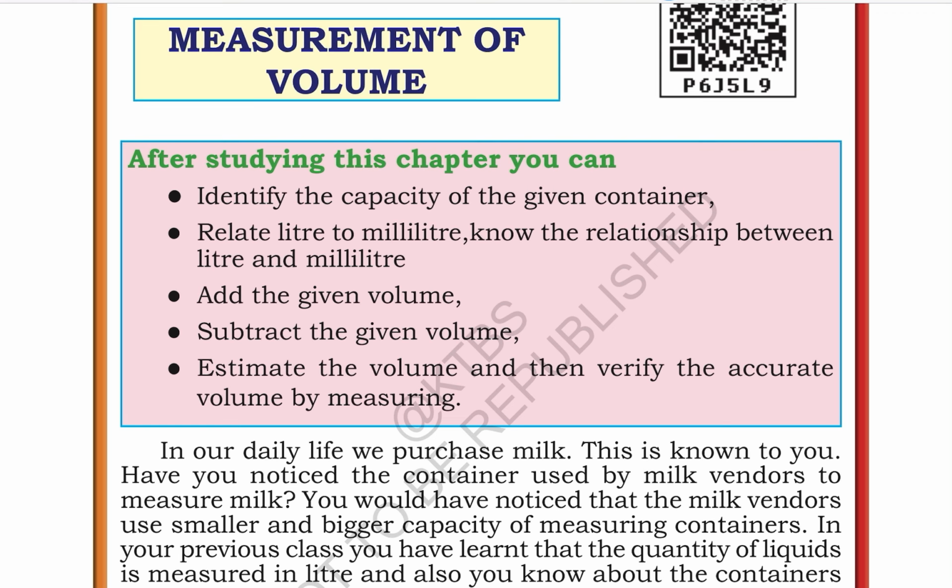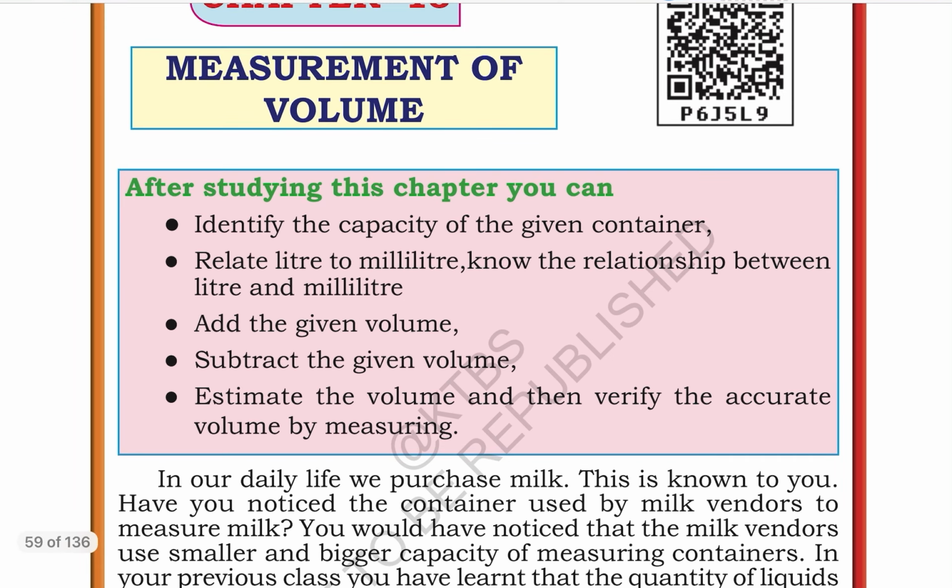These things are called units. Which one? Meter, kilometer, or gram, kilogram. Likewise, if you have length, you measure it in meters. If you have weight, you measure it in gram or kilogram.